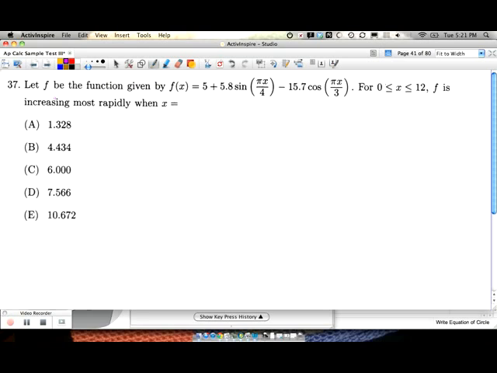So it's saying, when is it most increasing? That's kind of interesting, because that's saying when is the greatest positive slope.